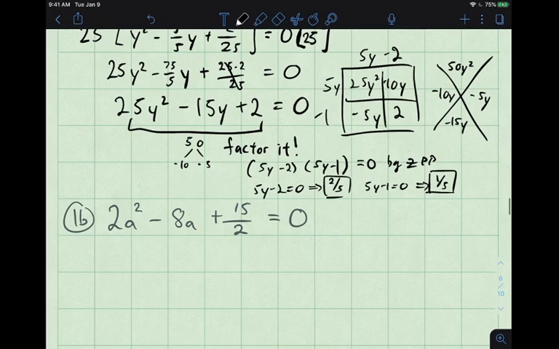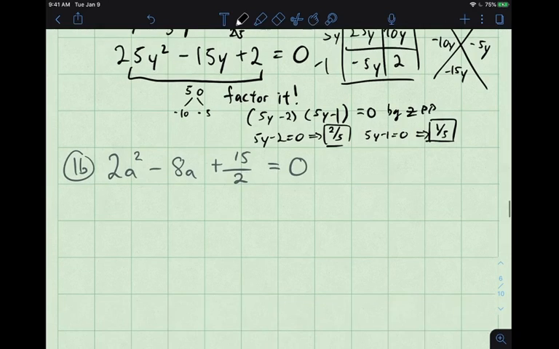Reminder of factoring. Here's the next equation. Maybe we'll use the quadratic formula for this one. You can get rid of this, but that doesn't matter as much.